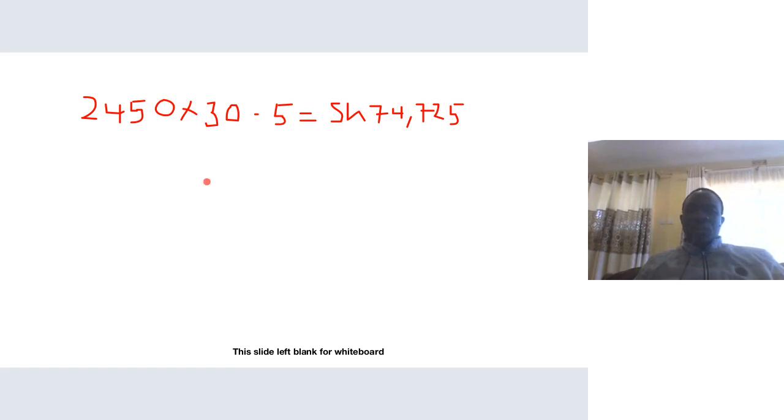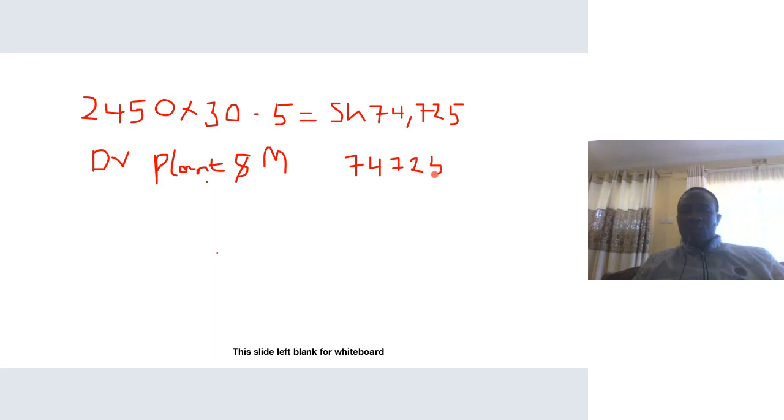We debit the plant and machinery with 74,725.